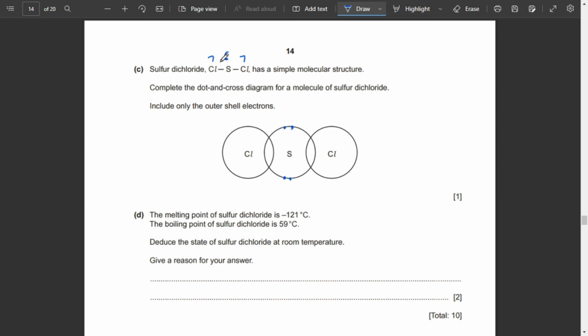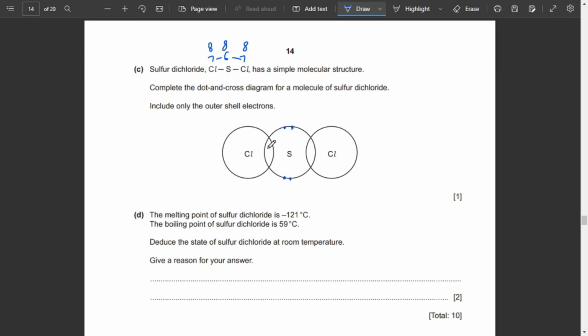That means sulfur and chlorine should share 1 electron, and this should share 1 electron. In this way it will have 8. Since sulfur is sharing 2 of its electrons, 6 plus 2 is equal to 8, and then chlorine again forms 1 single bond, so 7 plus 1, 8.